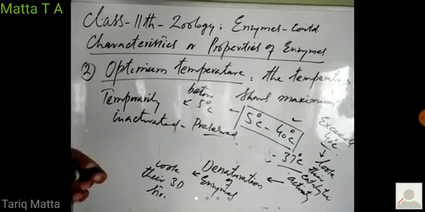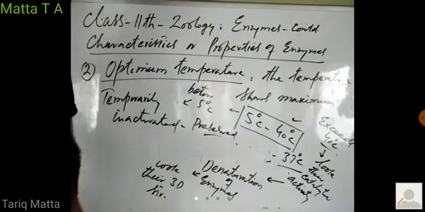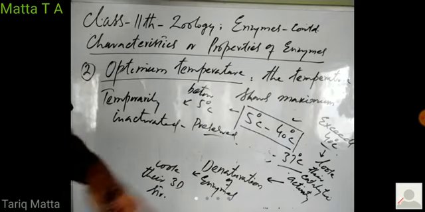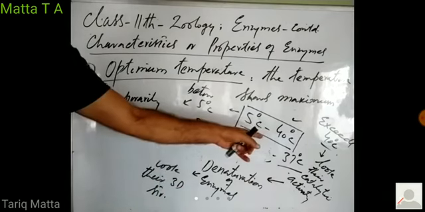So if enzymes are subject to low temperatures below 5 degrees Celsius, they get inactivated. When the temperature returns to normal, they will again become active. But that is not the case with high temperature.